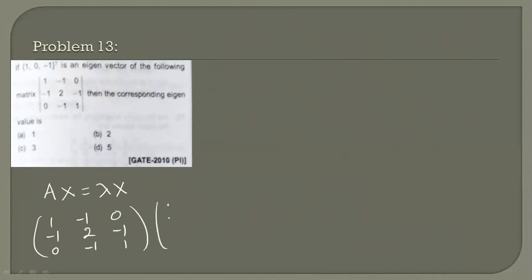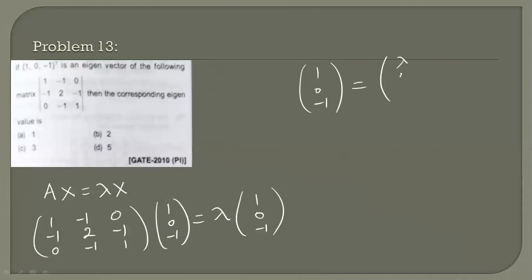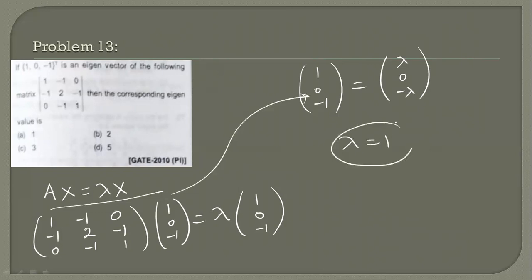X is given to you as (1, 0, -1). The eigenvector is given to you. Multiply the first two matrices: if you multiply by (1, 0, -1), you will get (1, 0, -1) equal to (lambda, 0, -lambda). If you compare, you will get lambda equal to 1 from all three equations. It means the eigenvalue is 1 here.